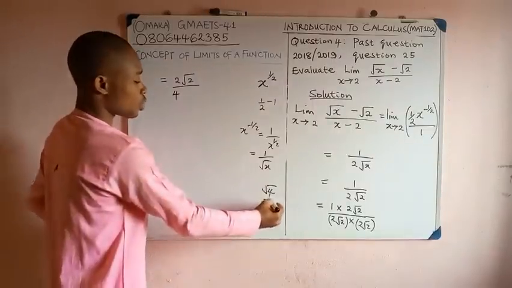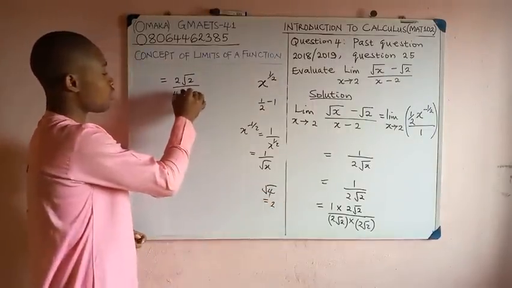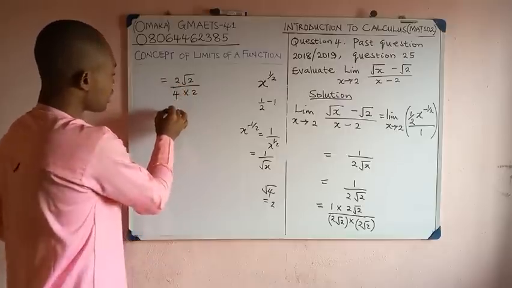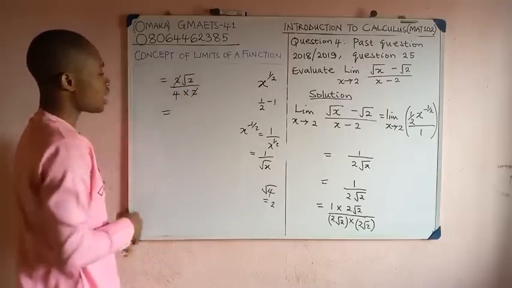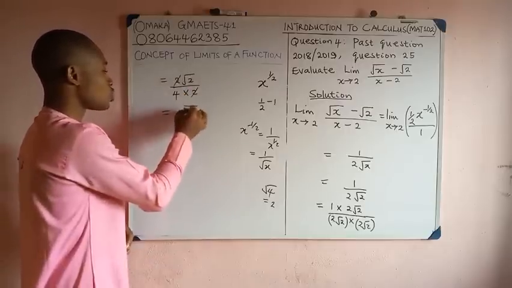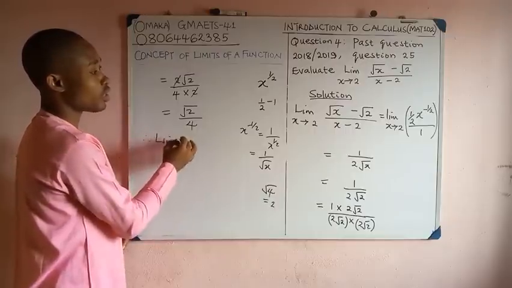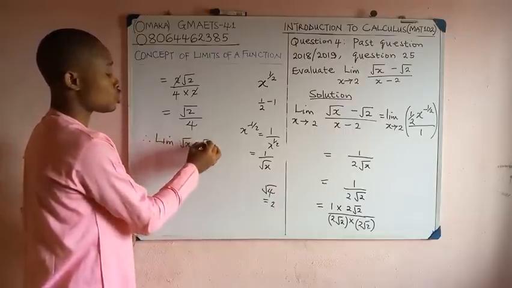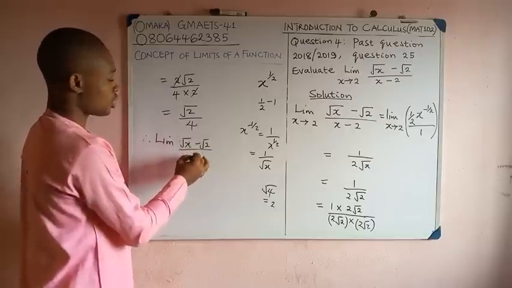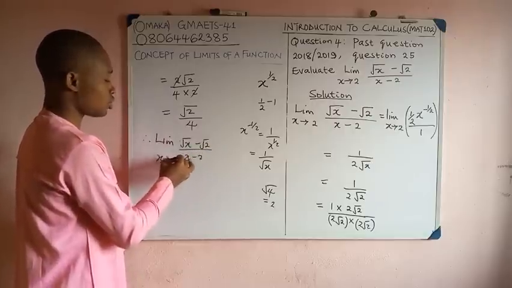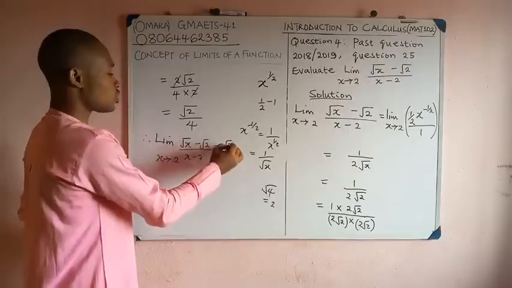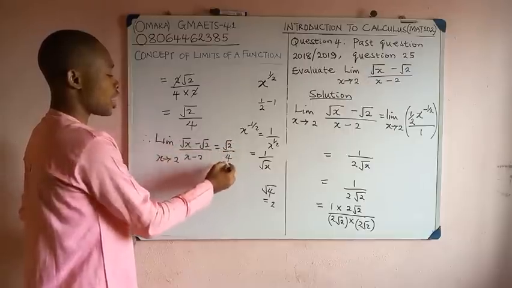And then root 4 is what? 2. So this is going to give us 4 times 2. And mathematically, these 2 and 2 will cancel out, and so you have root 2 over 4 as the limit of that function. So the limit of root x minus root 2 all over x minus 2 as x tends to 2, your result is root 2 over what? 4 as your answer.